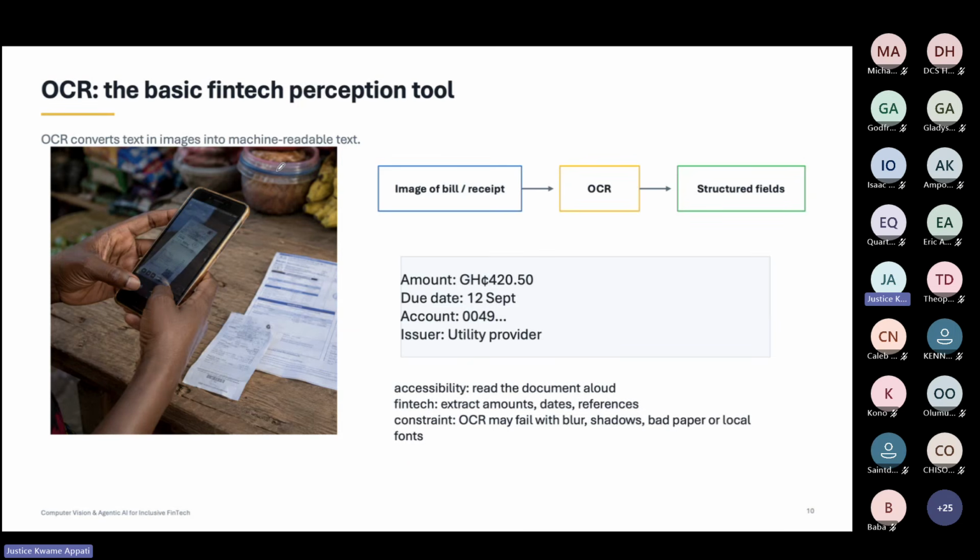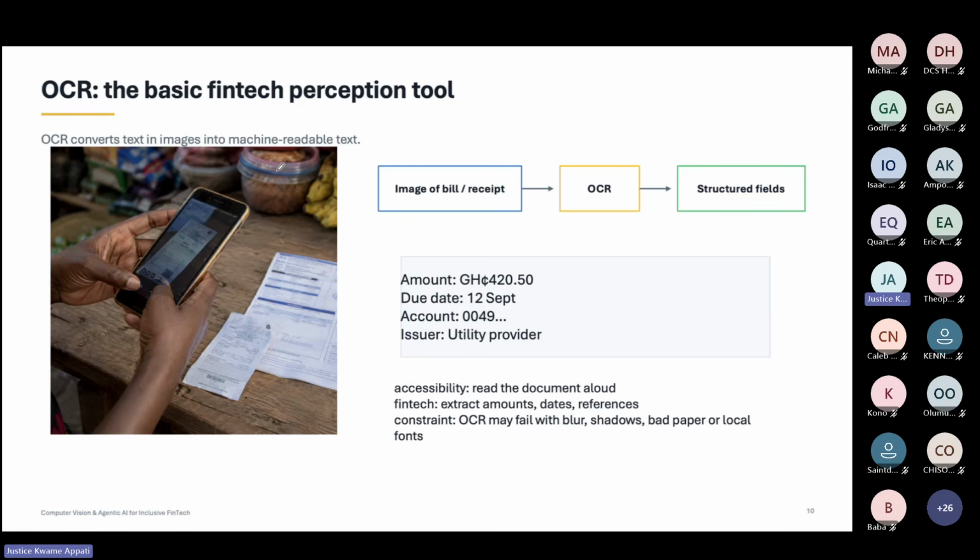For the structure you see here, the relevant information for you as a bill is the amount, when due, the account to pay into, and the one who gave you the bill. Now, who determines this information? It is the engineer, it is you. Listen to me today. You determine what you want to give to the end user. Of what relevance are they?